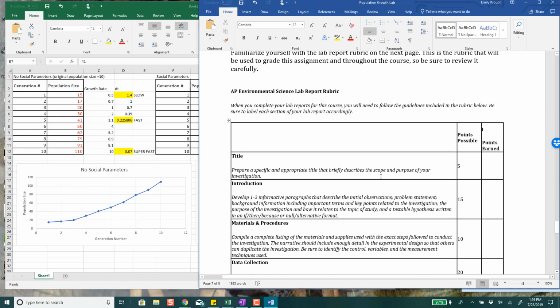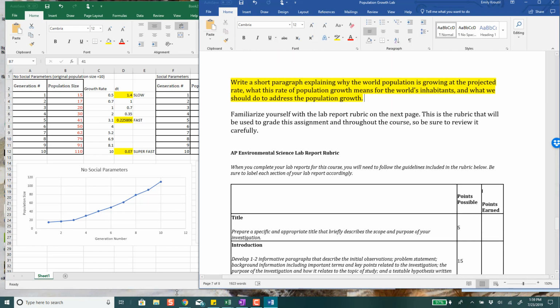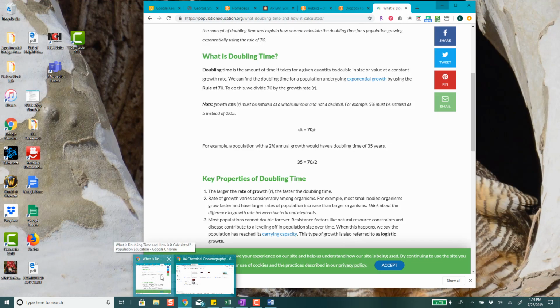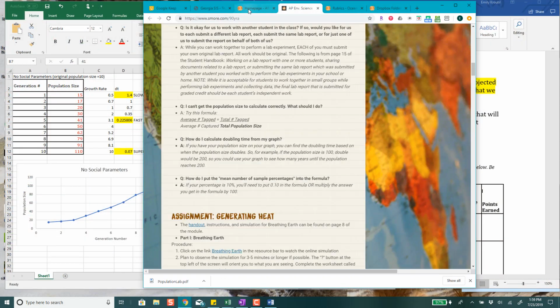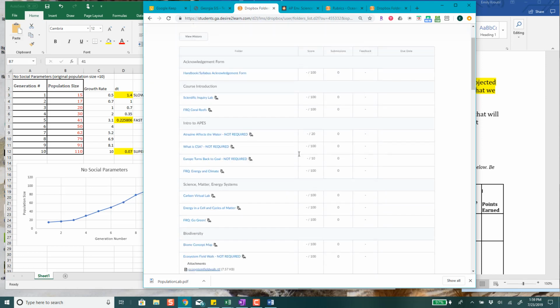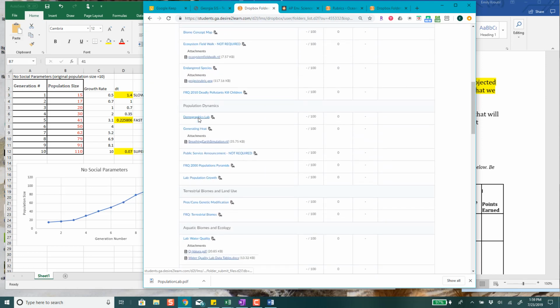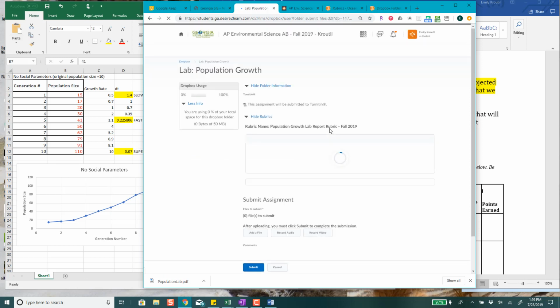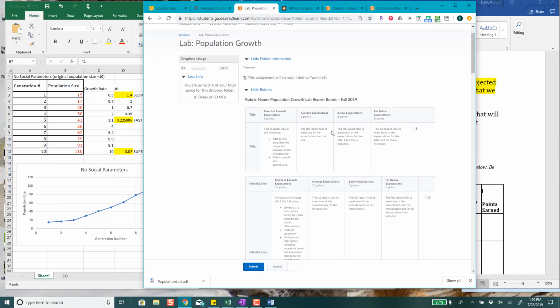You can see here we have the rubric. This is the generic rubric. But if we actually go into your course, we can go into the Dropbox folder for this lab. And you can see the rubric right here.